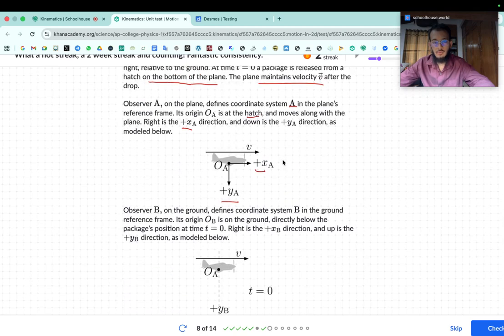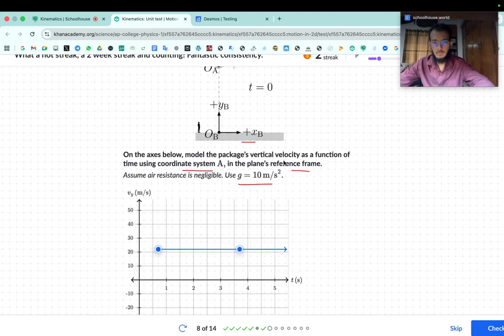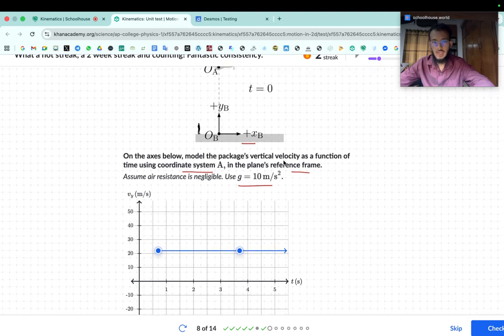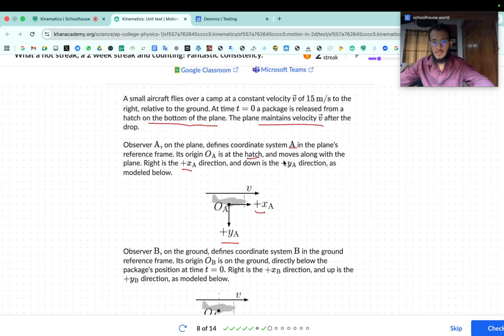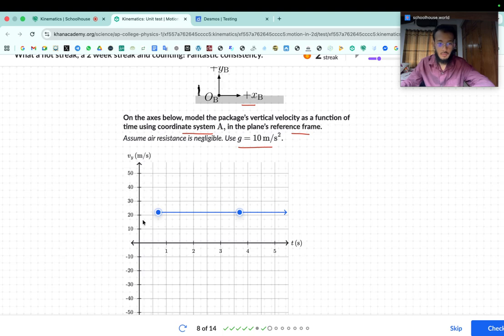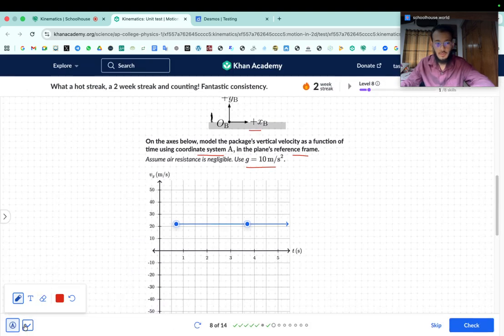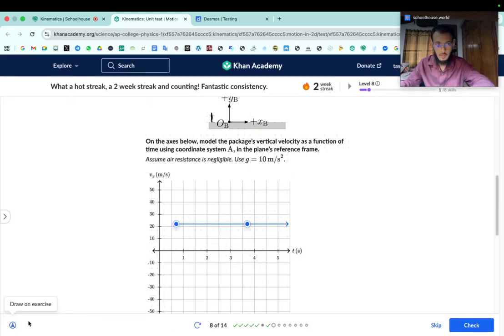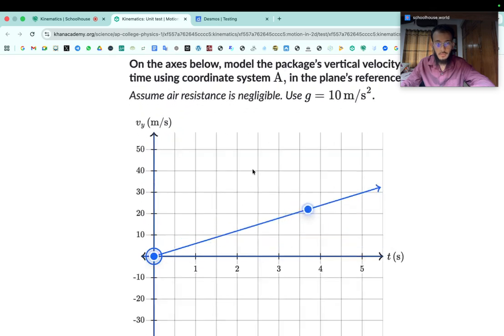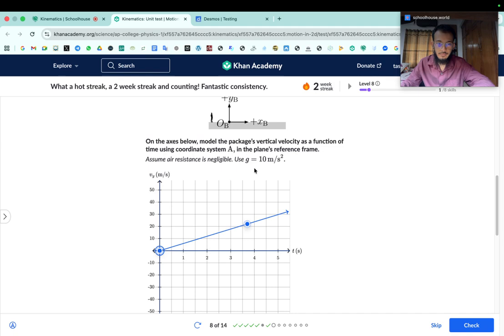So vertical velocity. Initially, it starts from rest, so velocity would start from zero without any doubt.